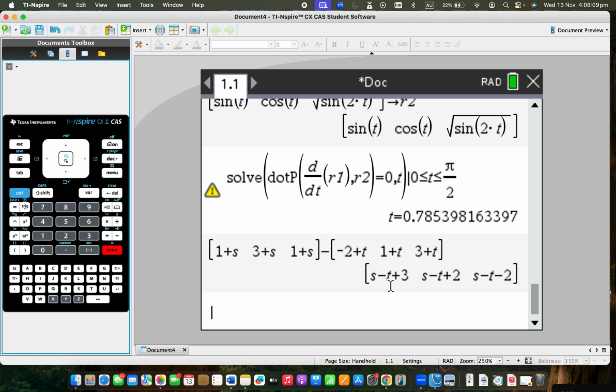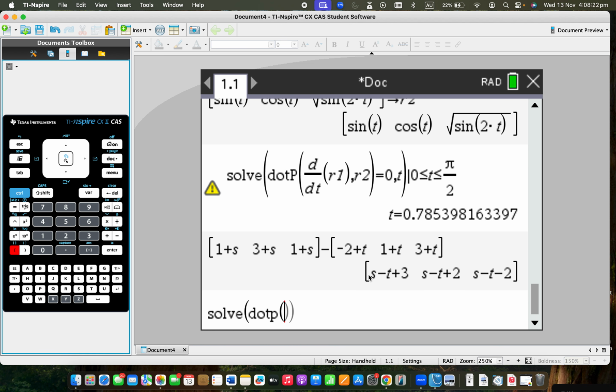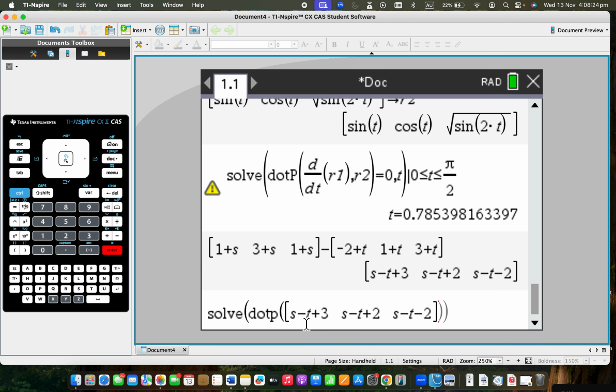Okay, so that's that. Now we can just let s minus t be something else, like m. So we want to solve the dot product of this, but we can just let this be something new because it's just another parameter.